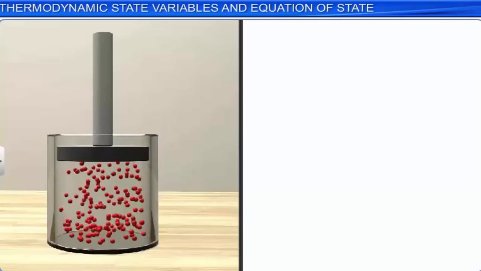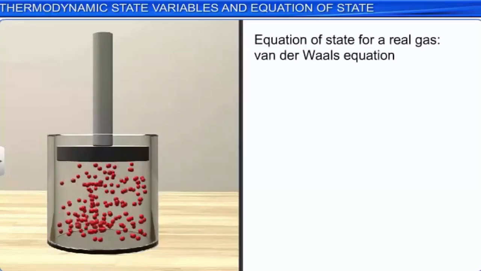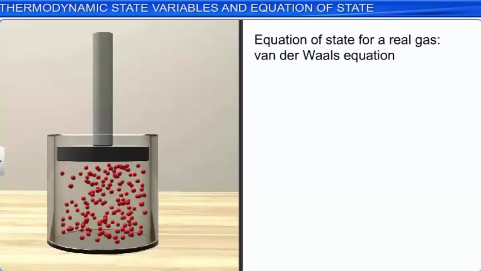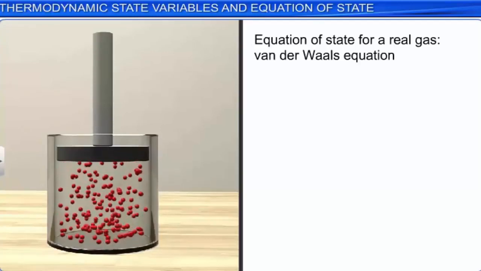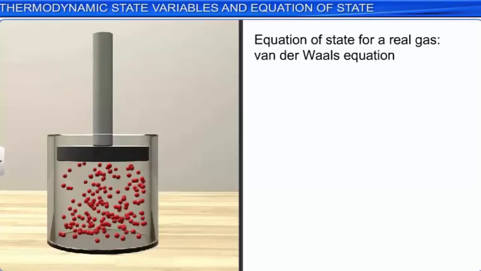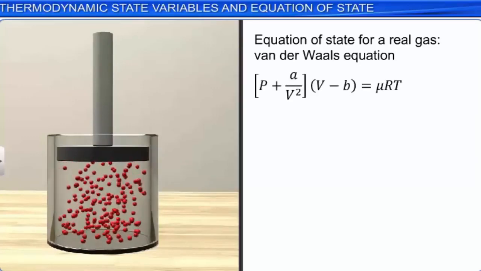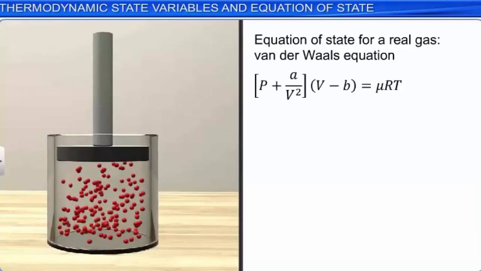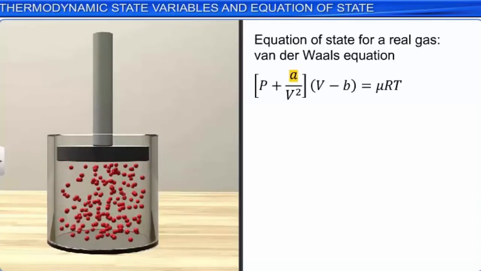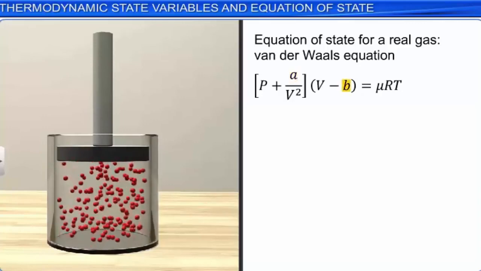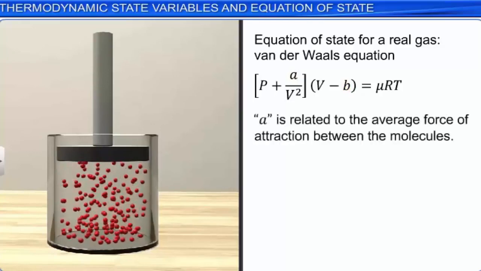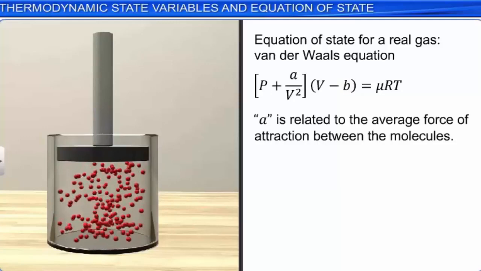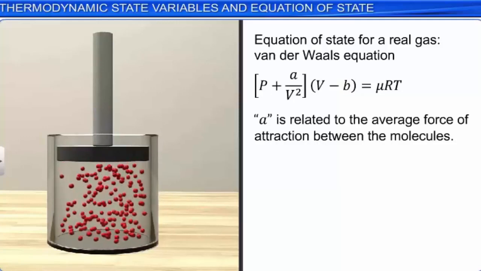By taking the above two facts into consideration, van der Waals has derived an equation of state for a real gas, which is (P plus a by V squared)(V minus b) is equal to mu RT, where a and b are constants. The constant a is related to the average force of attraction between the molecules, and the constant b is related to the total volume of the molecules.